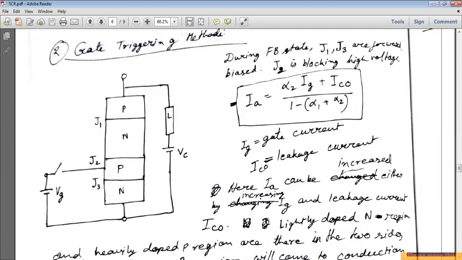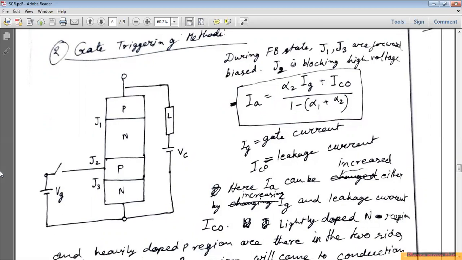Here IA can be increased either by increasing the leakage current ICO. A lightly doped N region and a heavily doped P region are there on the two sides of the junction J2. The P region will come to conduction quickly because it cannot withstand such high current or voltages much longer.